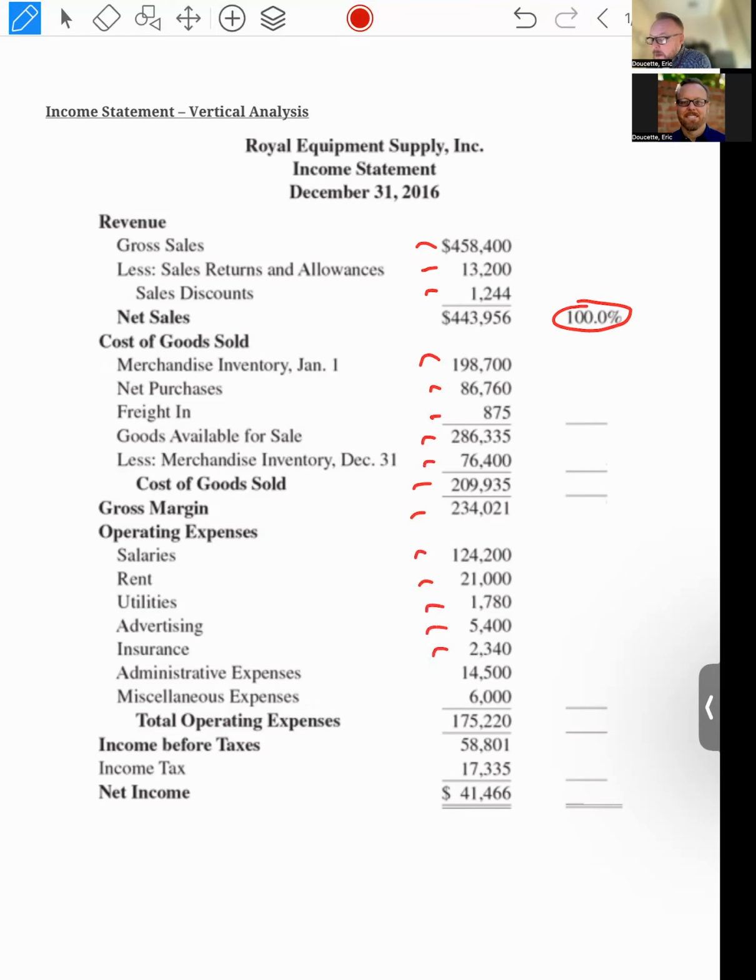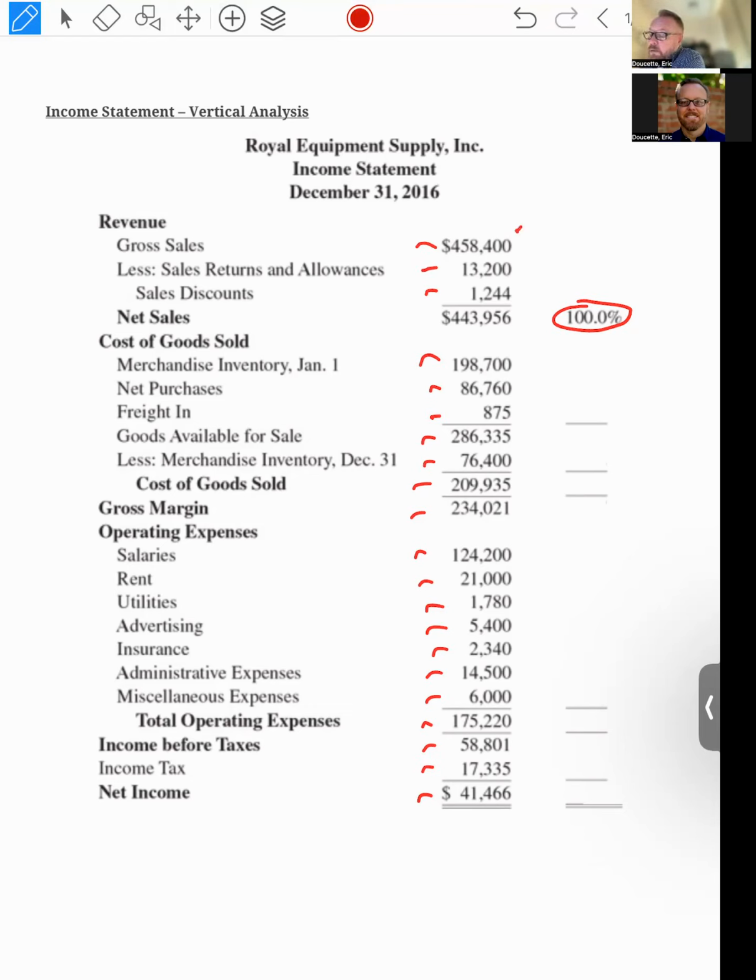So again, we might, as a company, we might say, you know what, I want to make sure that my inventory never goes above a certain percentage of the total sales or net sales. So I would have to figure out what percentage that is, and then I'd figure out how can I get it down or up to where it can meet the requirements. So again, all I'm doing here is the same thing I've been doing.